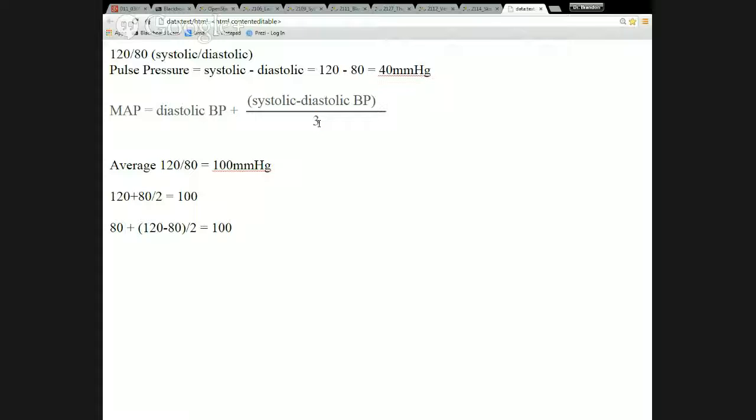Okay. So if we were using that equation to get mean arterial pressure, so instead of 2, we change that to 3, what would the value be instead of 100?